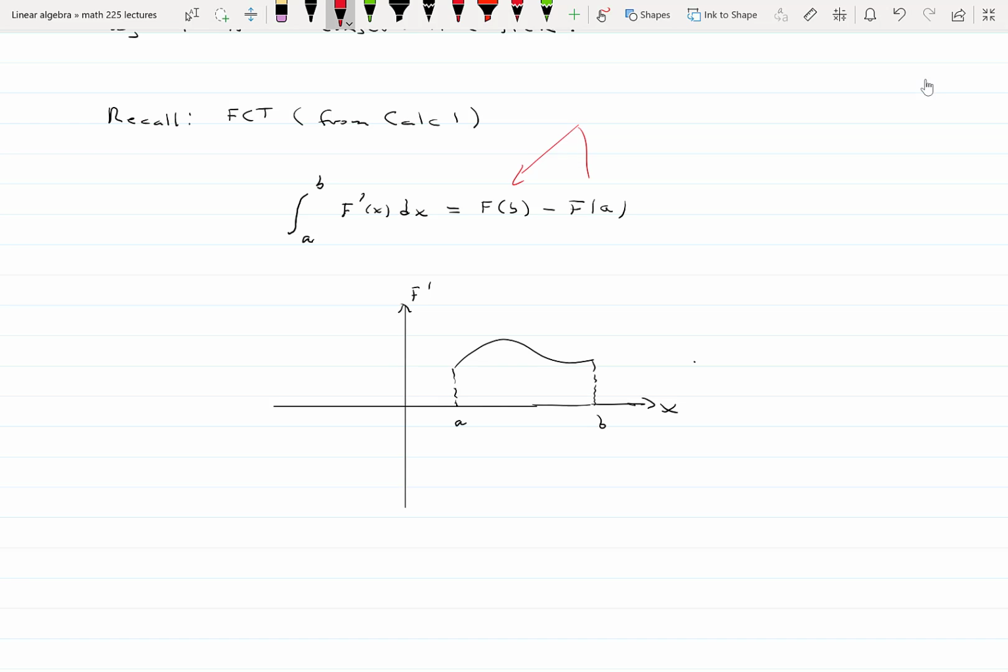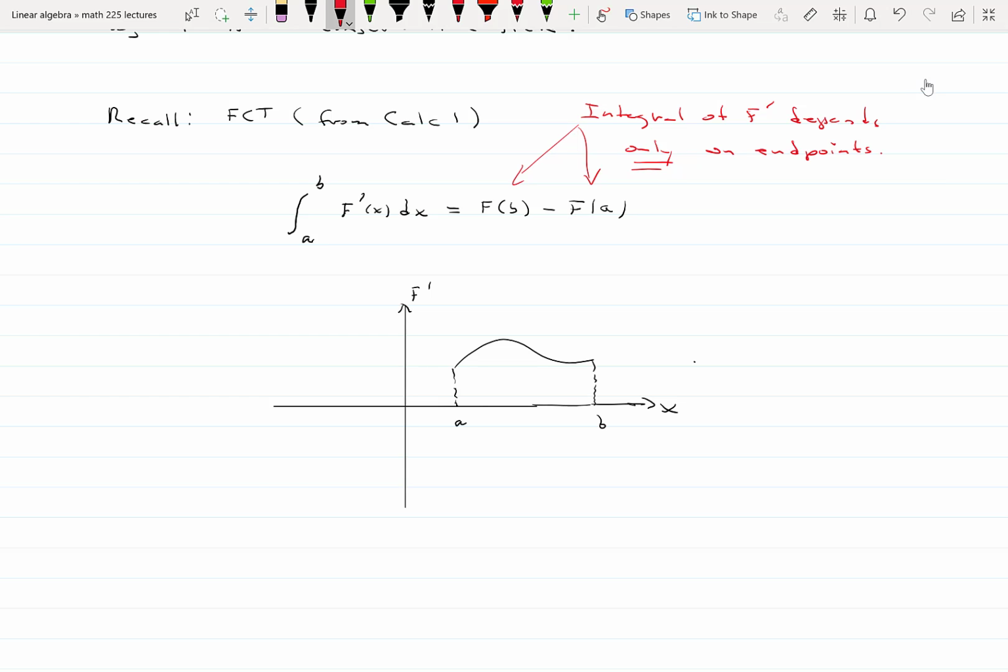This is one of the main points in this section. The integral of f prime depends only on the endpoints. That's a major theme for the rest of this semester, actually.